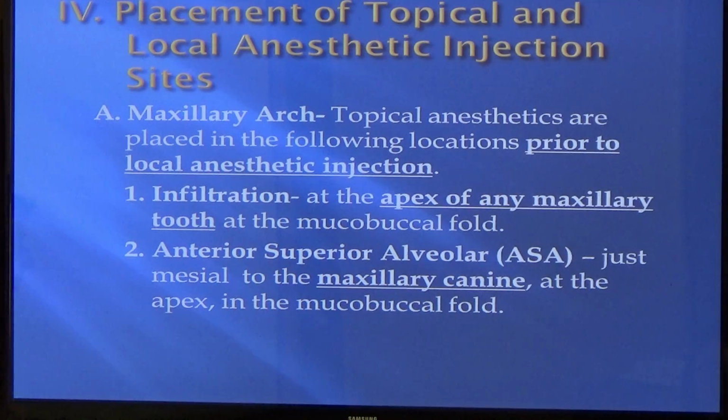If it's the block for tooth number 8, we're doing an anterior superior alveolar block, called ASA. It's just mesial to the maxillary canine apex in the mucobuccal fold. So ASA is right here, canine way up by underneath your nose.